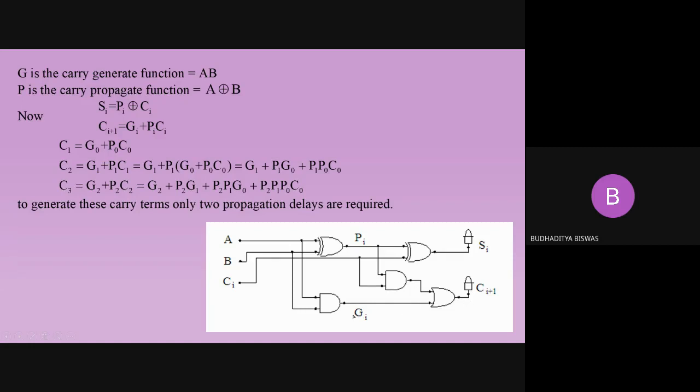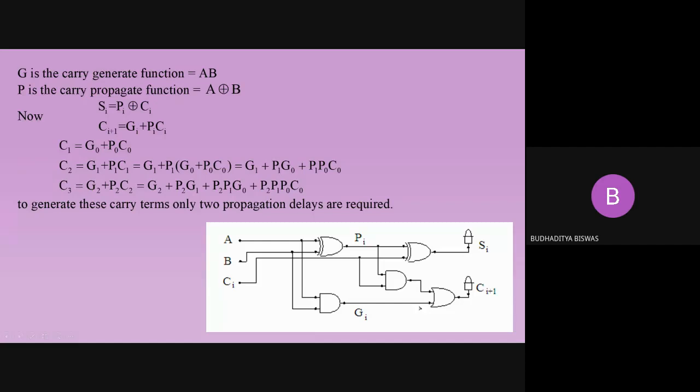Now look at the GI. GI is one of the inputs of the OR gate. So if GI equals 1, then CI plus 1, that means in this case a carry will be generated. So that's why G is called the carry generate function. Understand my point? If GI is one of the inputs of the last two input OR gate, and the G term becomes 1, then the OR gate will not look at the other inputs.